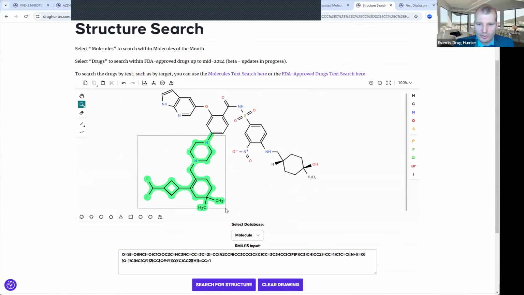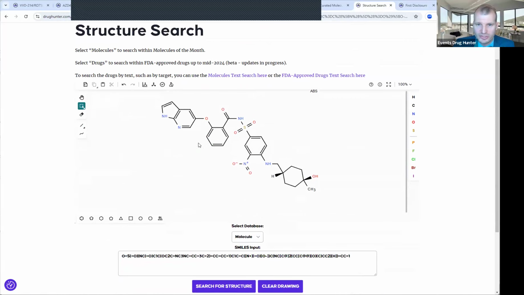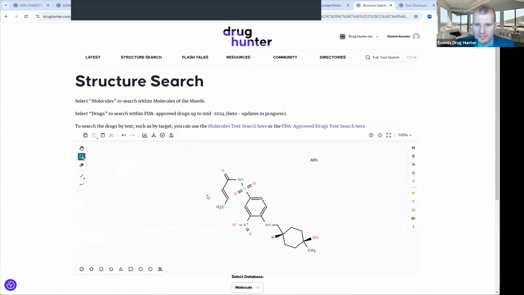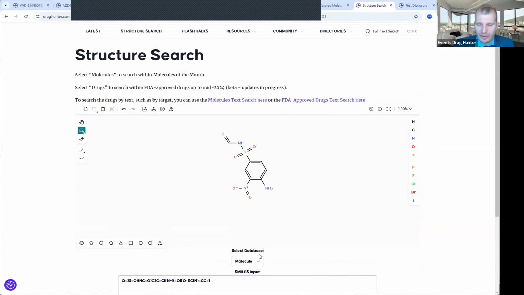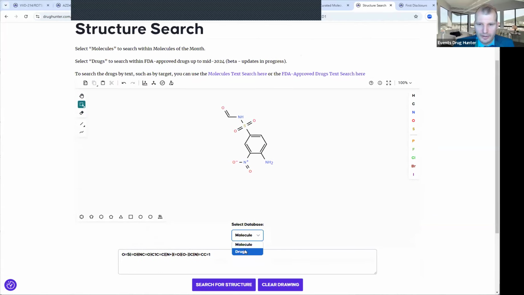You can search for this, or say you're more interested in a sub part of this, you don't want to search for the entire structure. You're more interested in, let's say, this sub part of the molecule, and you want to see what compounds are out there, maybe drugs, that contain this particular motif.